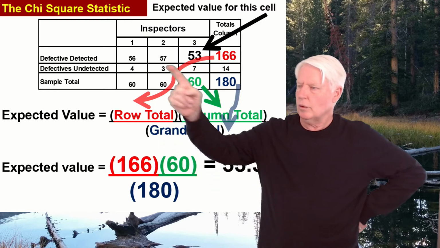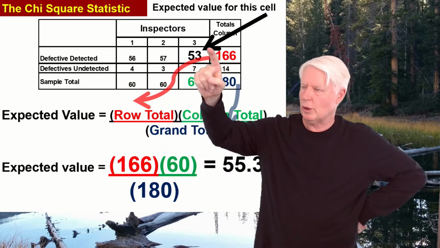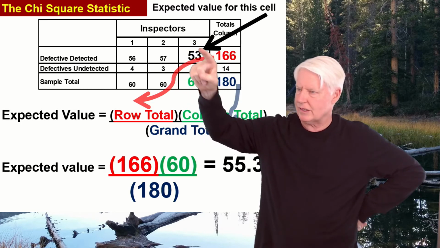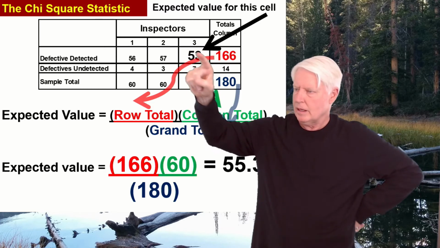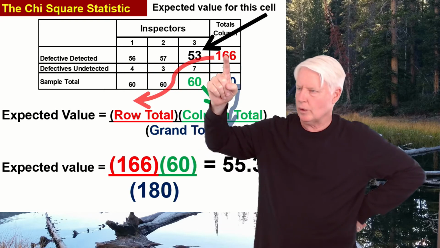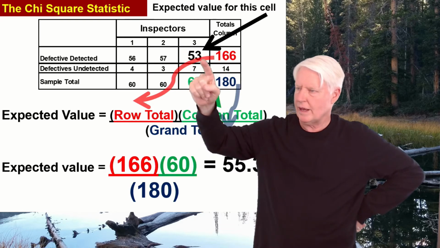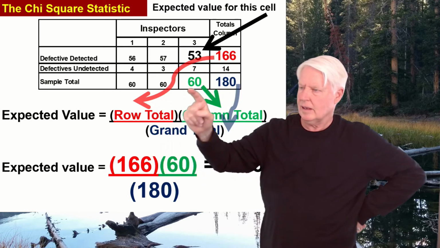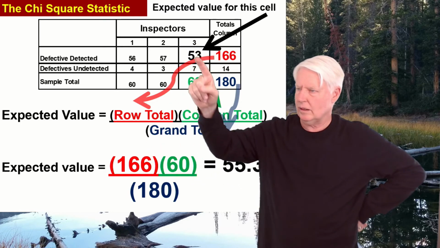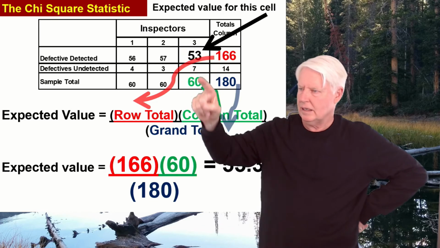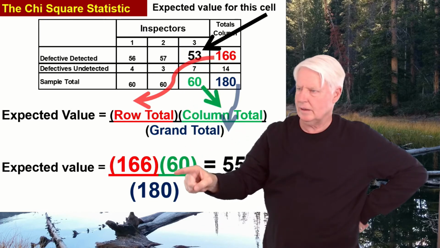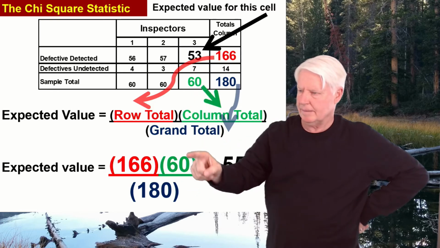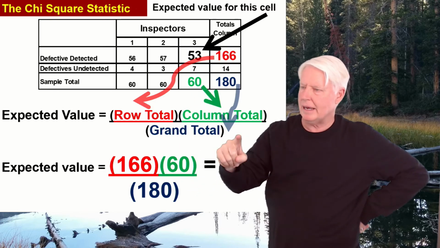Row total, the first row, I'm working on this cell, by the way. I'm trying to get the expected value for this cell that has 53 in it. The way I do that, I take the row total, the row that number's in, and that's 166, times the column total for this cell, 60, and divided by the grand total.